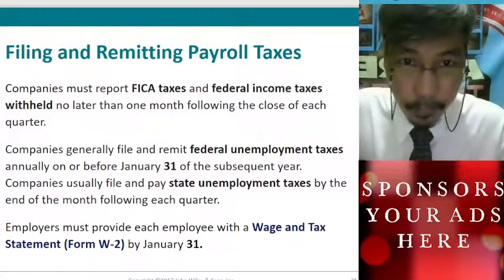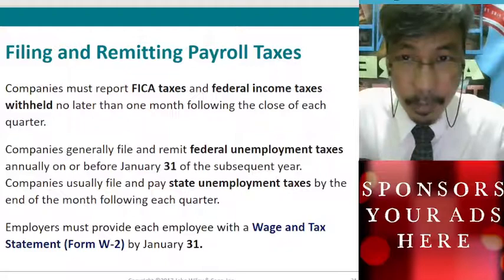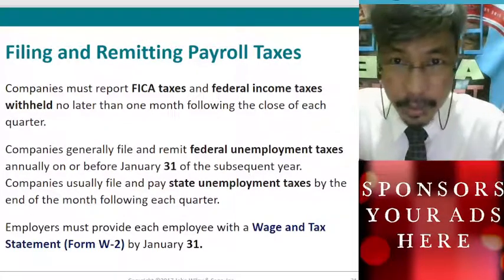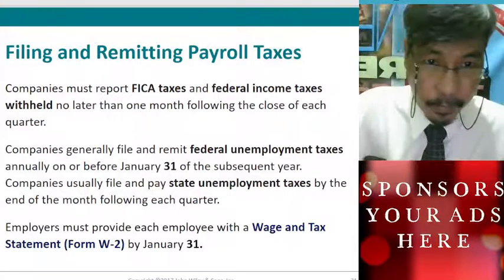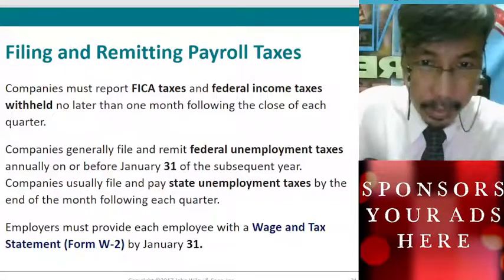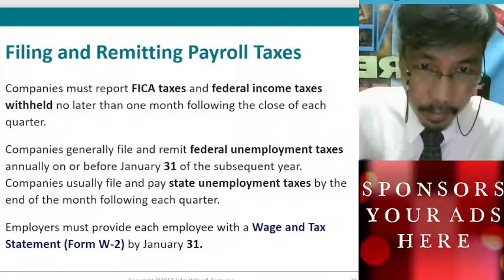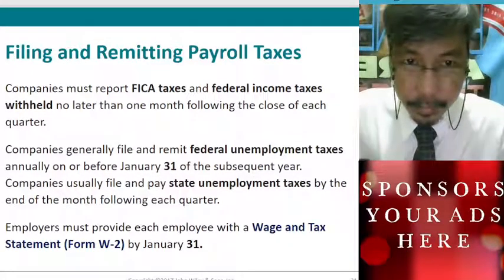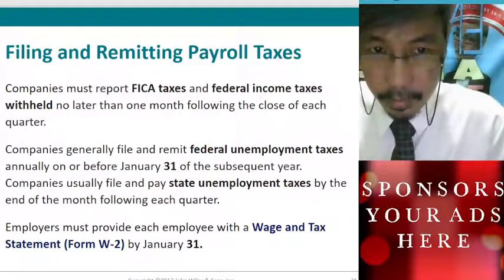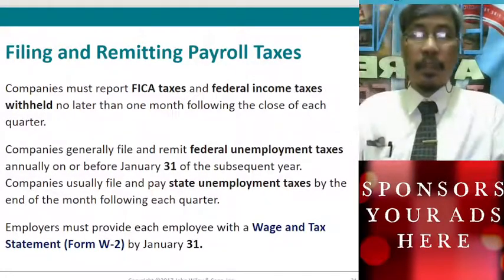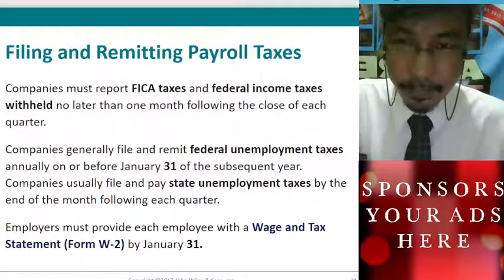So, this is for the employer, no? FICA taxes and federal income taxes are from the employees. Companies usually file and pay state employment taxes by the end of the month following each quarter. So still 1 month.